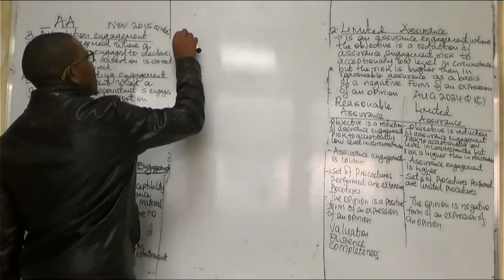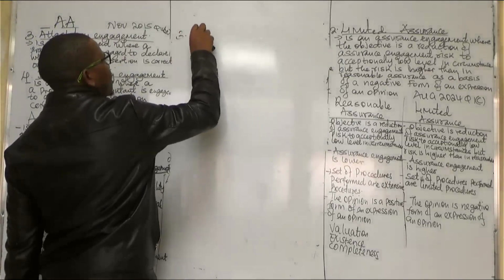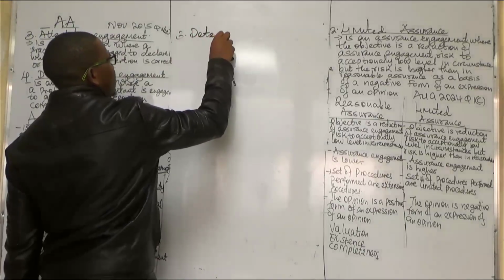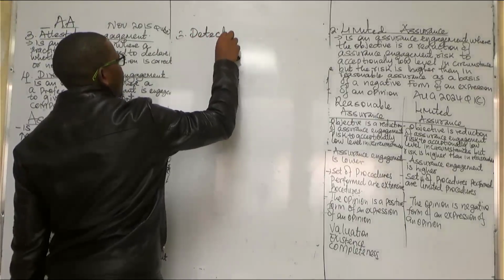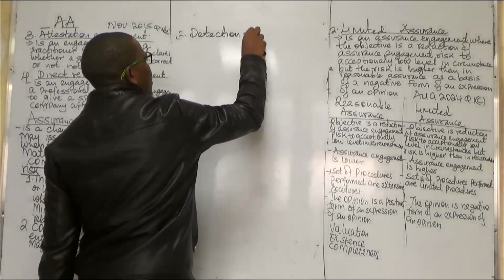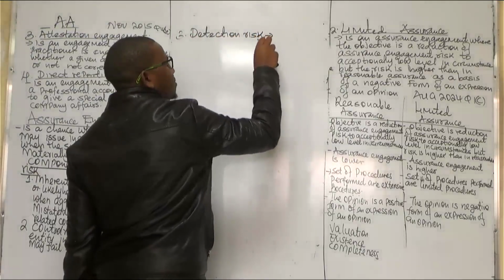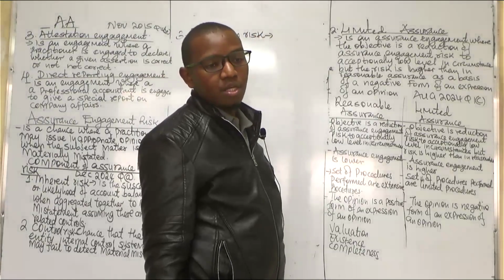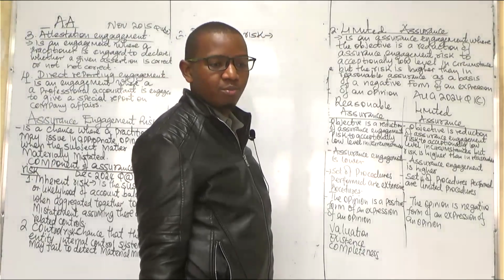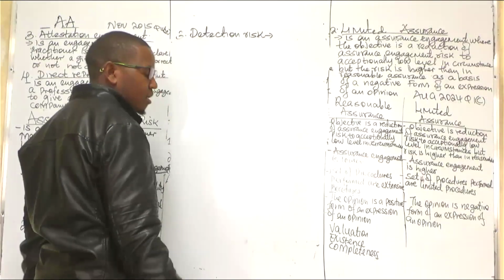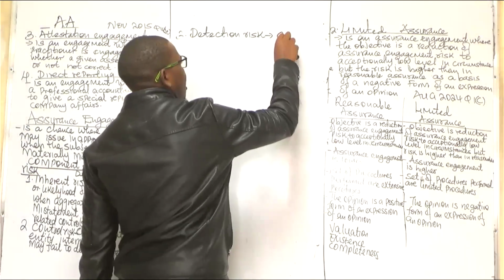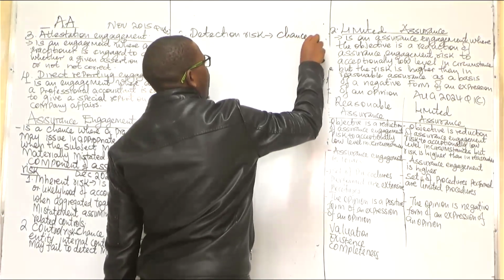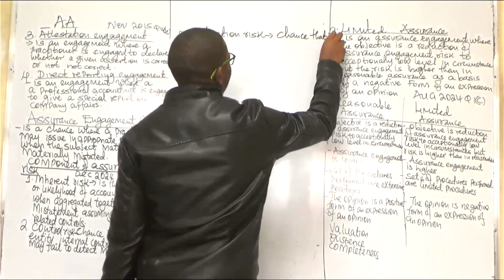Number three is what we call the detection risk. This is where the practitioner's procedures, meaning the auditor has control, may fail to detect material misstatement.